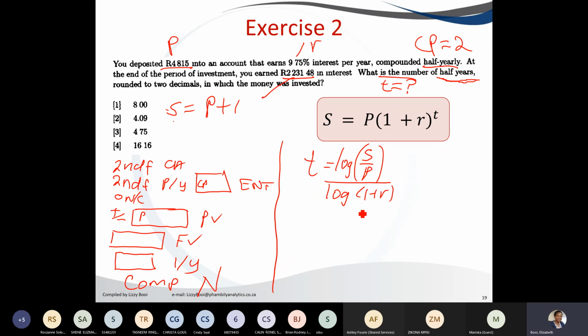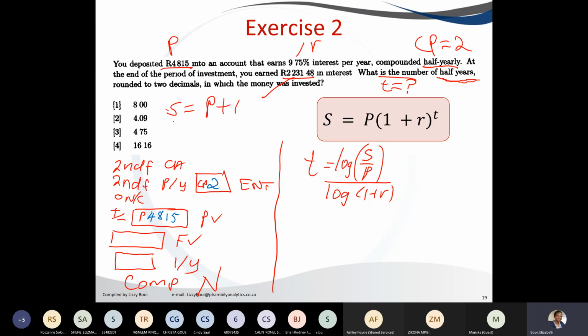We'll start with the financial calculator. We'll see what you have. I'm going to use a different pen to complete the whole exercise. So our compounding periods, there are 2 because it's half yearly. Our present value is 4815. What is your future value?